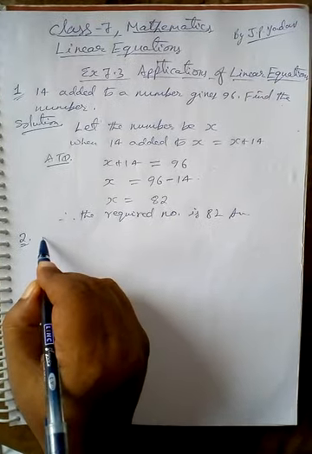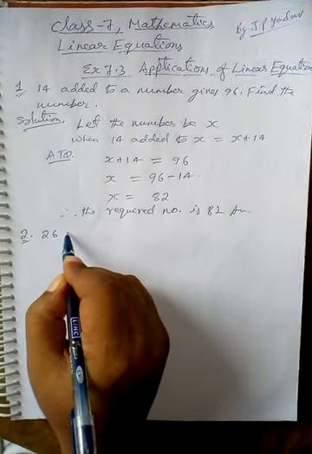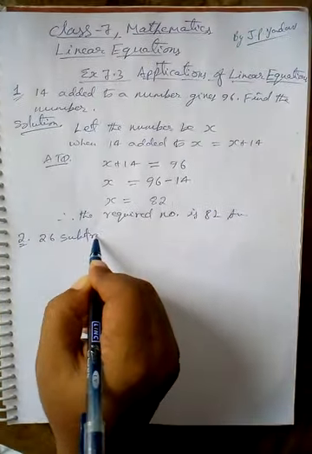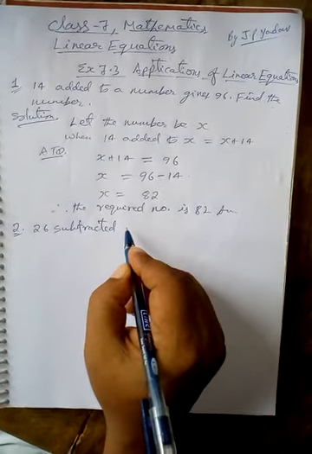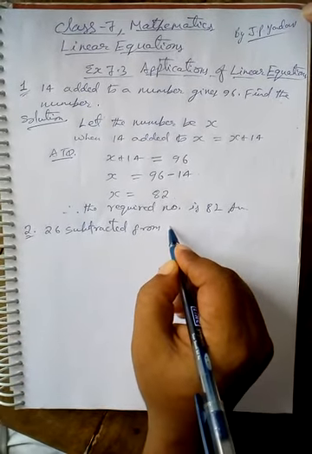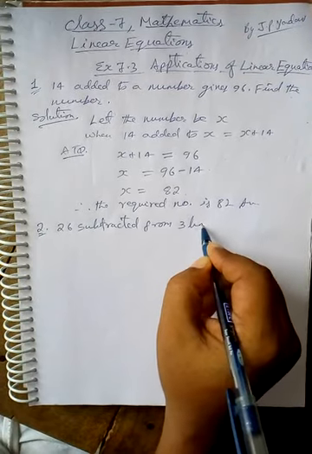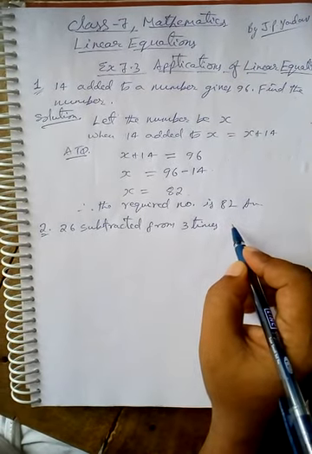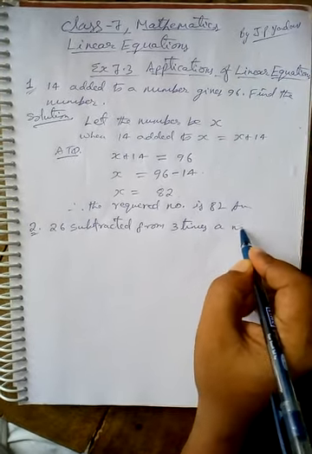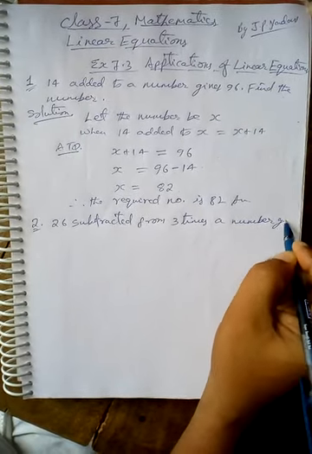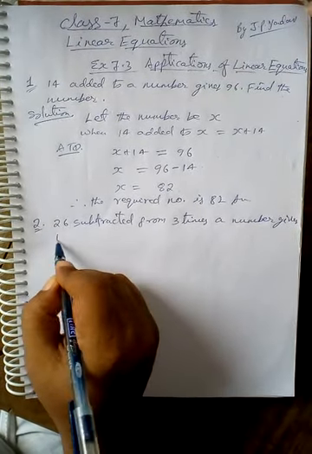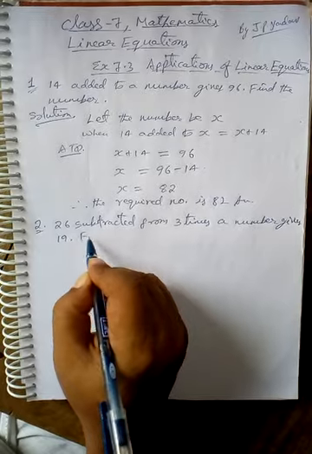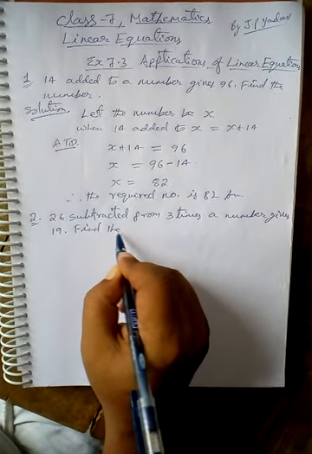The question is: 26 subtracted from 3 times a number gives 90. Now it is an unknown number, find the number.